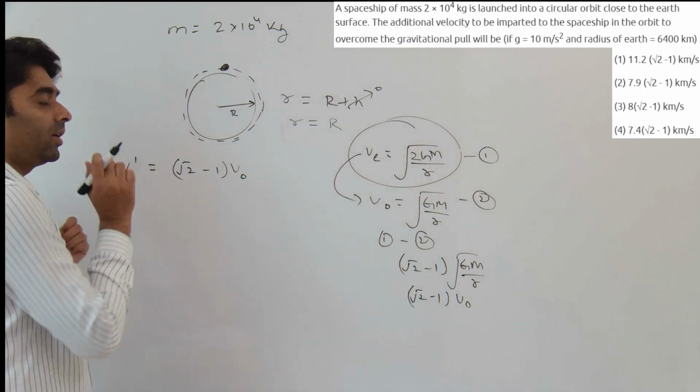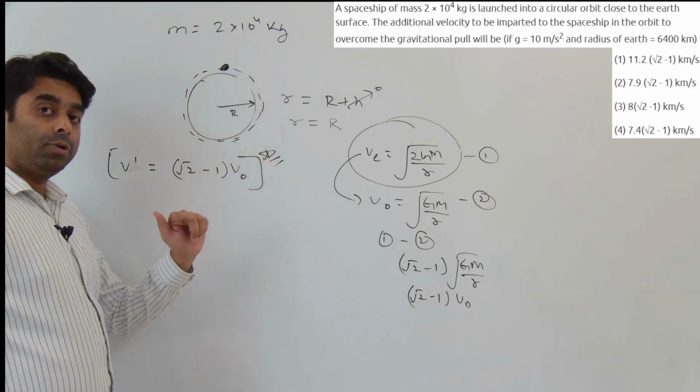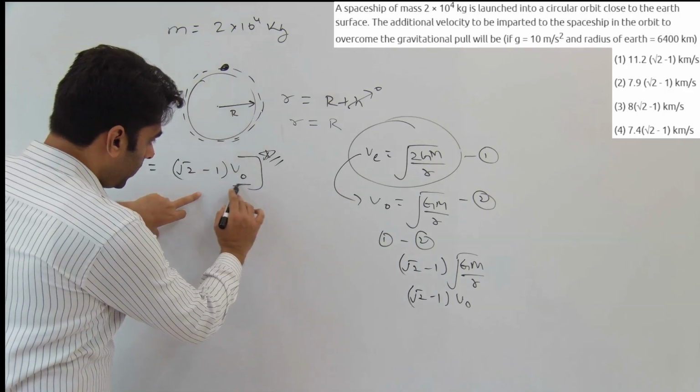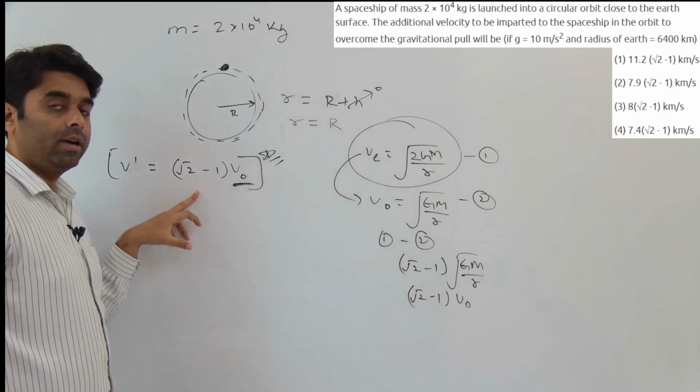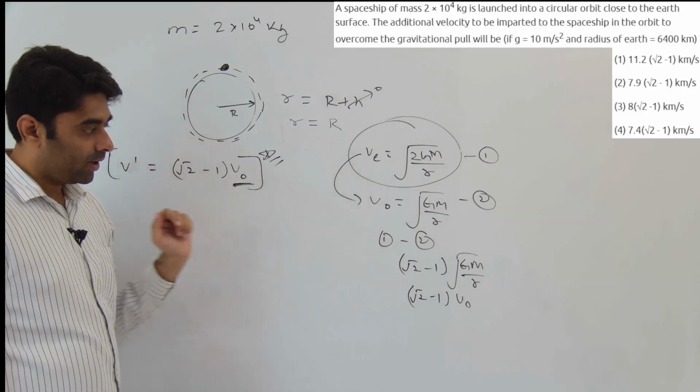Please keep this result in mind. It's an interesting result, that the extra speed that should be given for a satellite to escape, in terms of its orbital speed, is root 2 minus 1 into v naught. This is how it comes out.